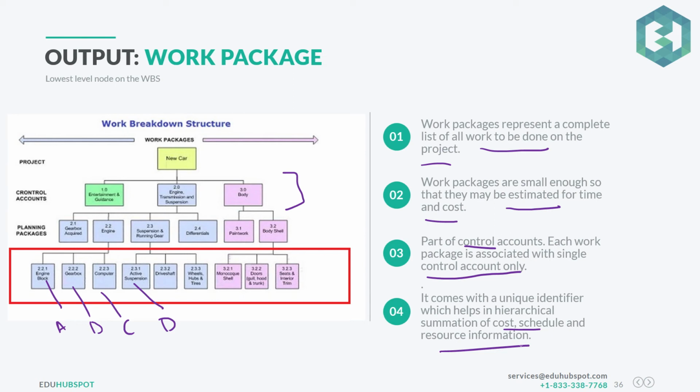I will reach out to Robin and ask, okay, what is the estimated cost, or what is the actual cost she has spent on those. For example, if you see this particular control account, let's say this is something which Robin is responsible for. In this, you have 1, 2, 3, 4, 5, 6 work packages included.